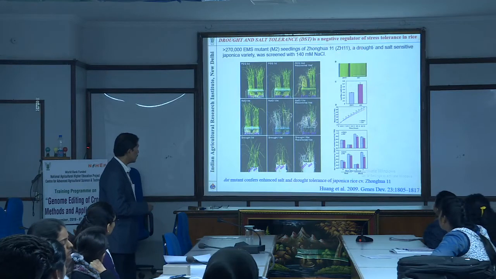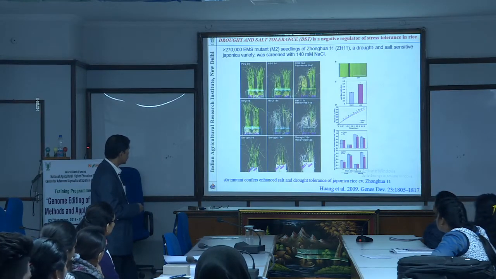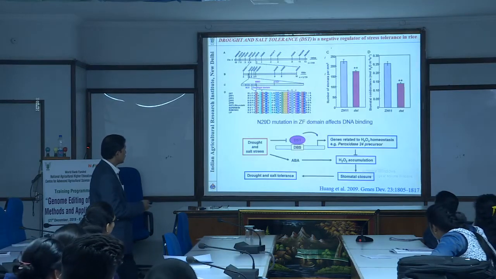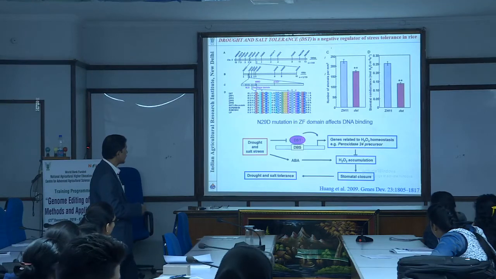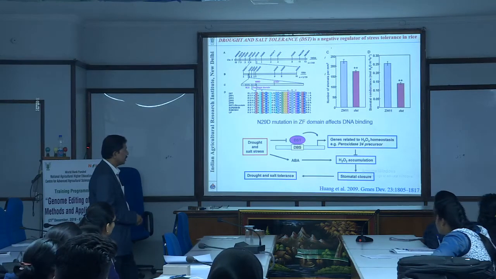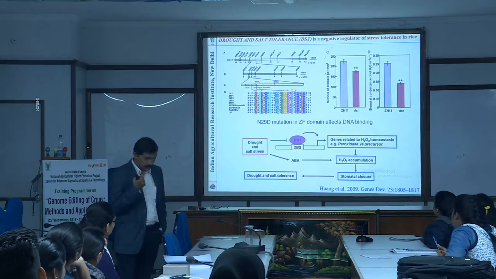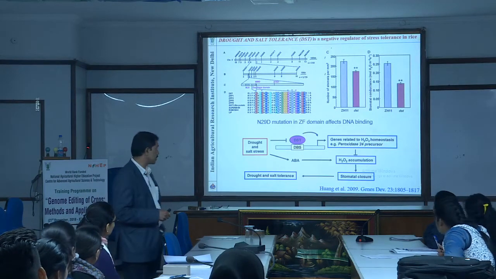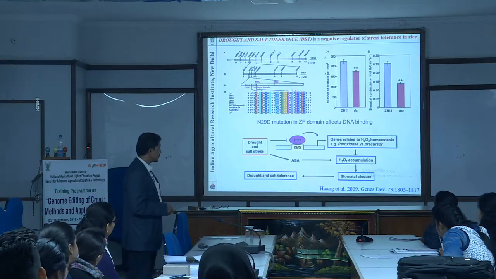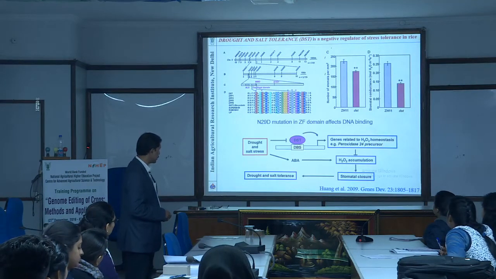This drought and salt tolerance gene was identified in 2009, and this protein regulates stomatal control mainly through hydrogen peroxide homeostasis. In stomata, the respiratory burst oxidases are activated by ABA and other signaling, and they produce hydrogen peroxide, which plays an important role in stomatal closure.